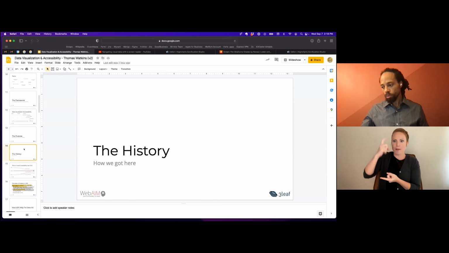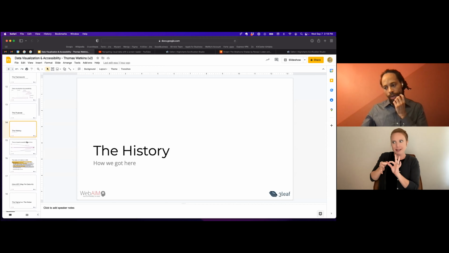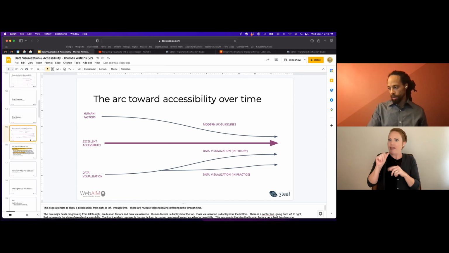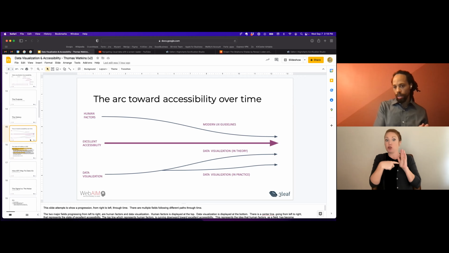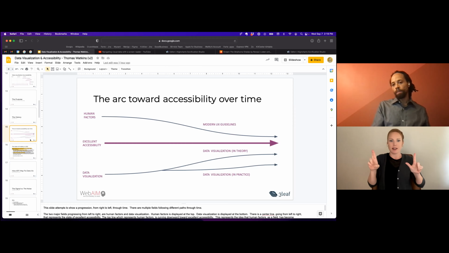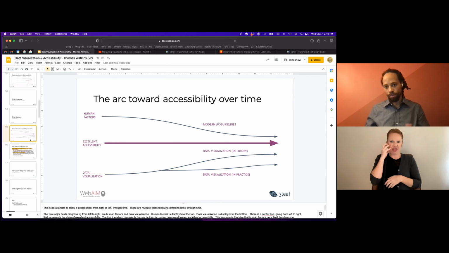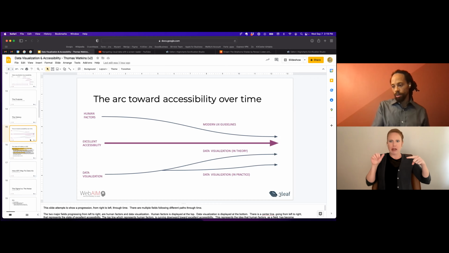So with that being said, if we just look over a brief history of data visualization and UX, I'm showing this visualization that goes from left to right. It's a set of arrows. There's a big heavy arrow in the center going from left to right that represents ideal accessibility, excellent accessibility.